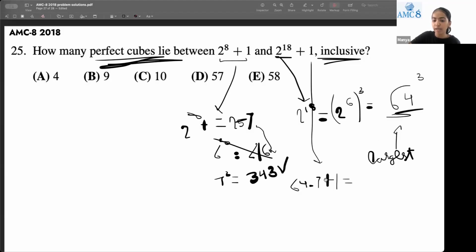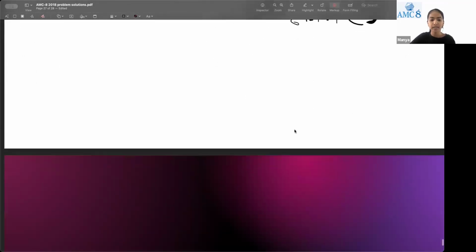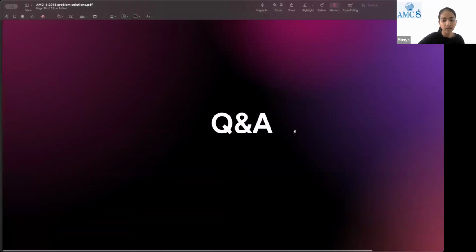So 64 minus 7 will be equal to 57. 57 plus 1 is going to be equal to 58. And so that's how many perfect cubes lie between 2 to the power of 8 plus 1 and 2 to the power of 18 plus 1. And that's how we got our answer choice E, 58. Does anyone have any questions on this or anything that we talked about so far?